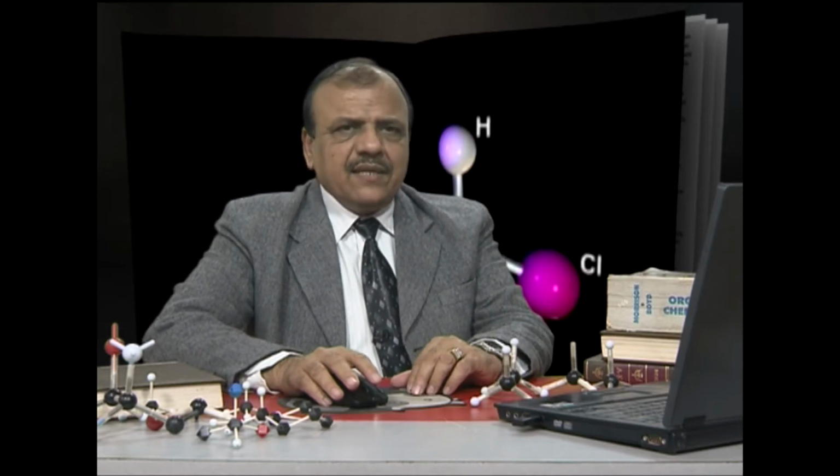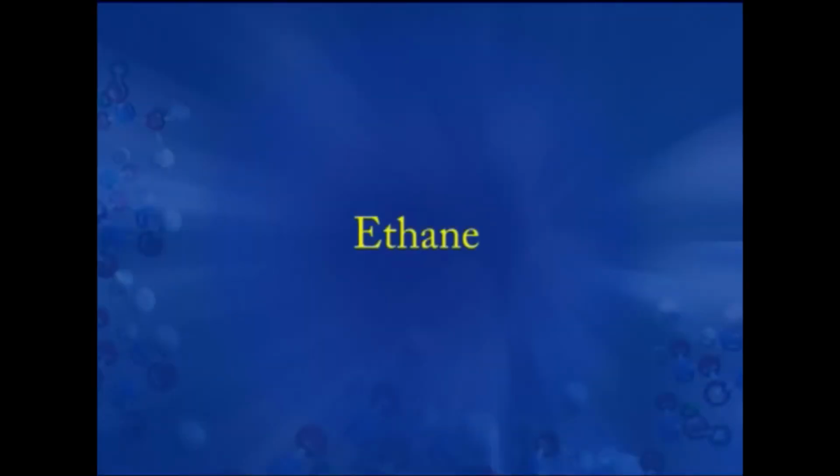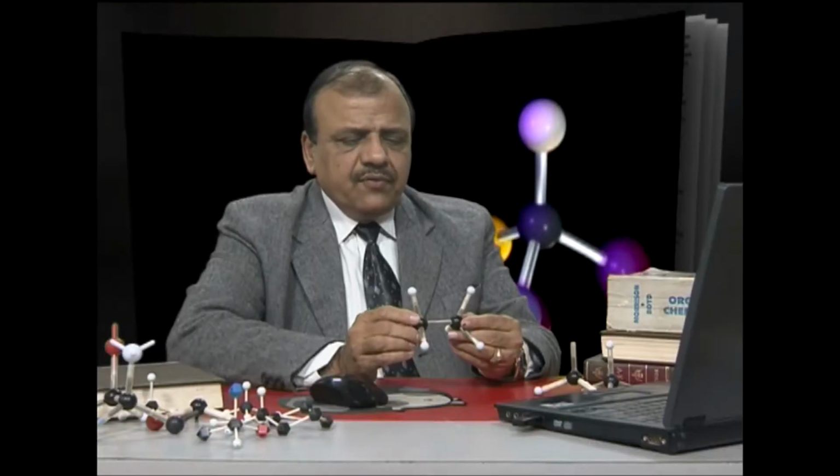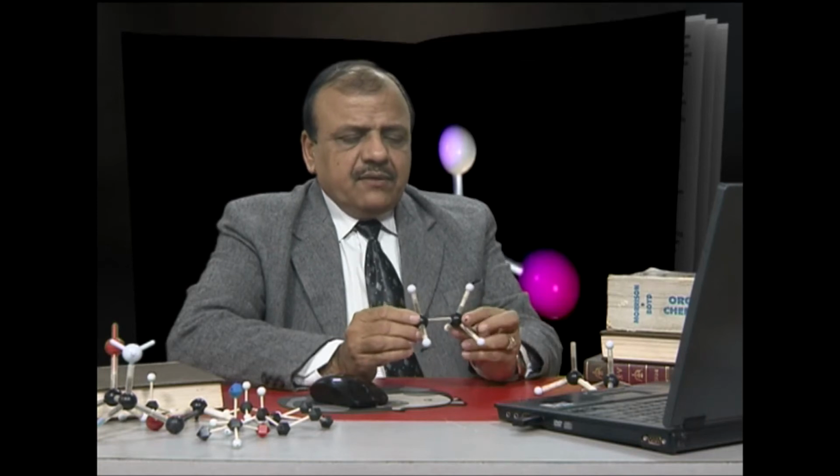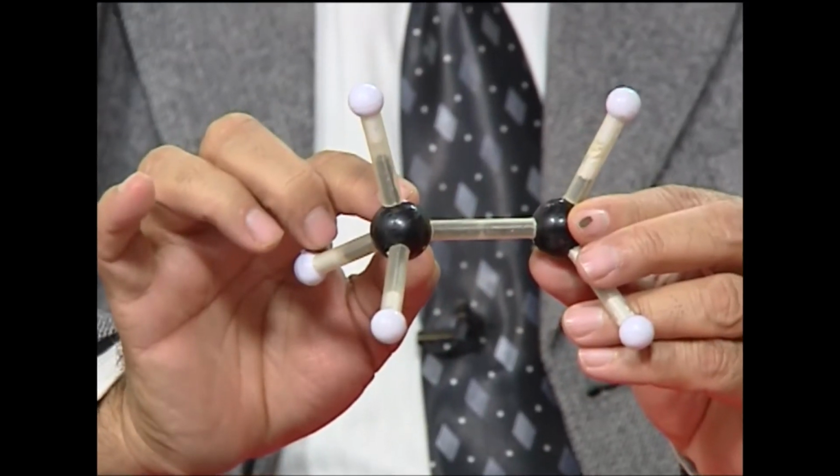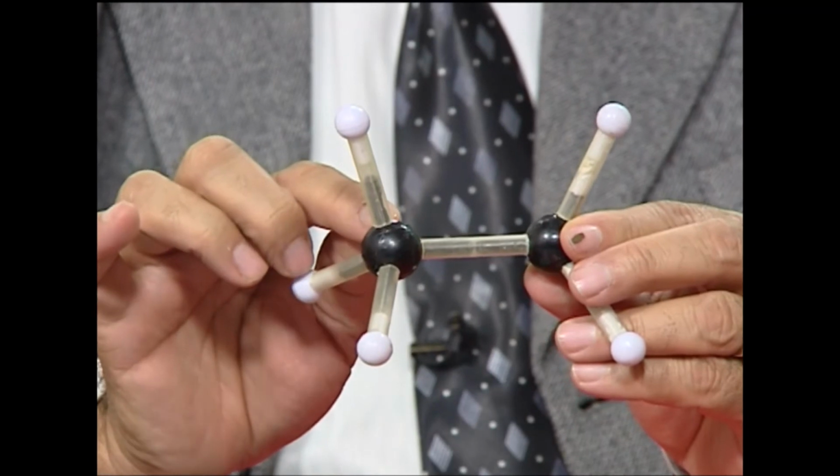Conformational isomerism is due to rotation across single bonds, as I said earlier, but whether this rotation is really free, let us discuss by taking the example of ethane. This is a molecule of ethane in my hand. We find that these two carbon atoms are attached by a single bond.